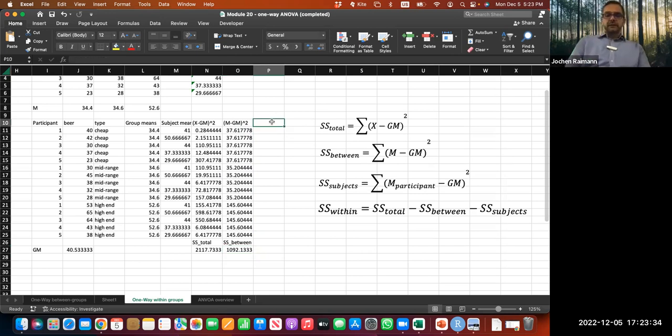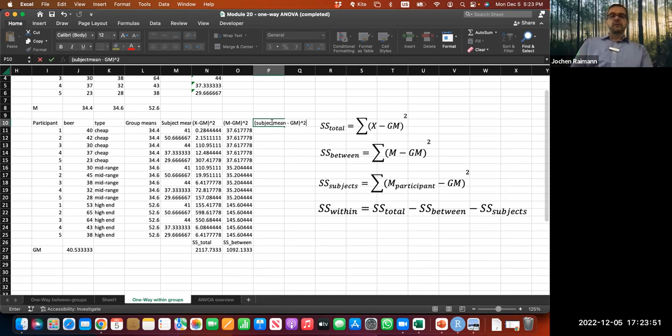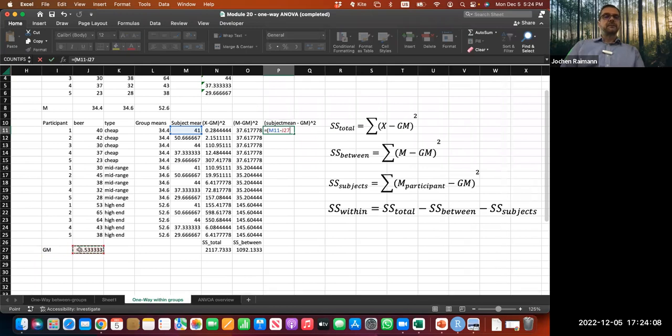And now lastly, we want to calculate our sum of squares subject. So this is now m participant, or subject mean, minus gm squared. And this is the same outline. We're doing subject mean, this, again with parentheses, subject mean minus gm, like this, locked in with a dollar sign, squared.